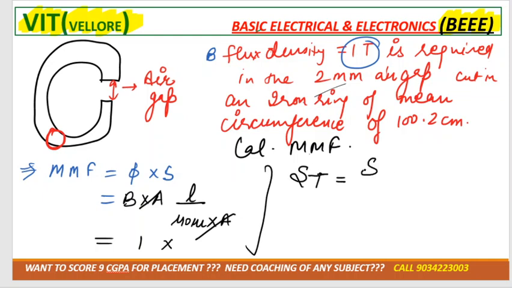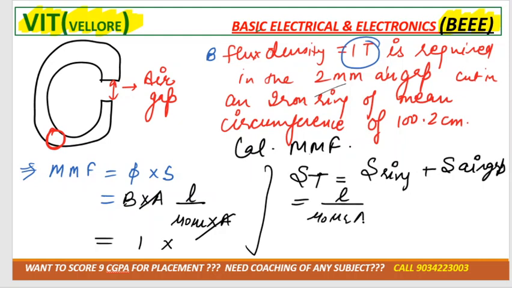There is one S for the iron ring and one for the air gap. The formula is L by mu and L divided by area. Area we can cancel, right? Length is how much?